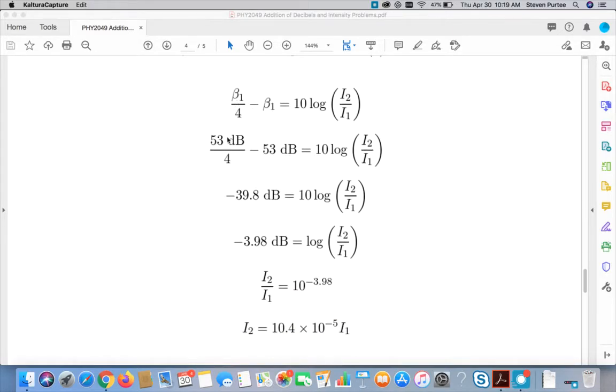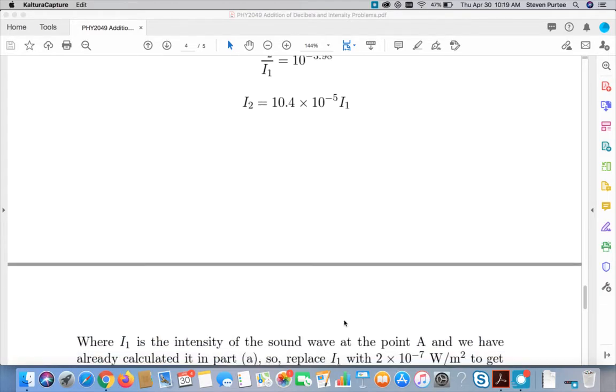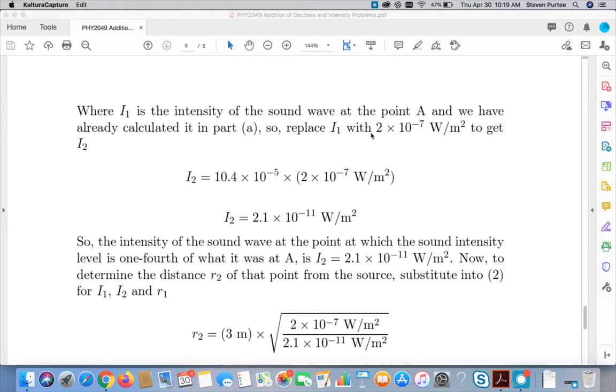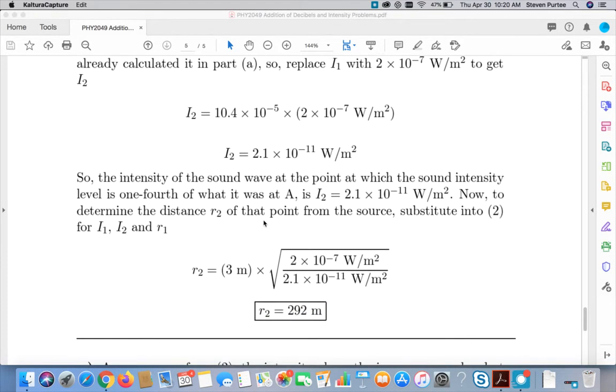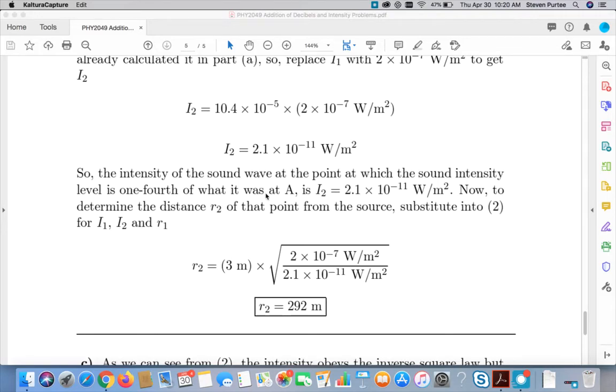So 53 over 4 minus 53, we get this number. We're going to solve this for I2 in terms of I1. We already found I1 up above, so now we know I2. And now we can use our formula, our ratio of two different intensities versus radii, to solve for R2.